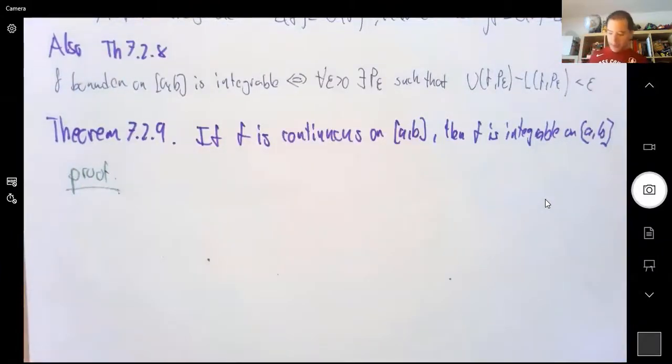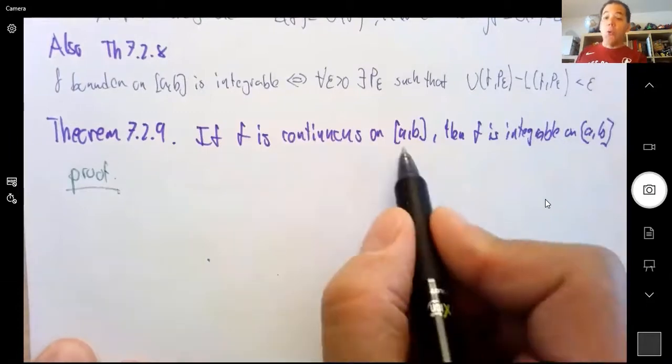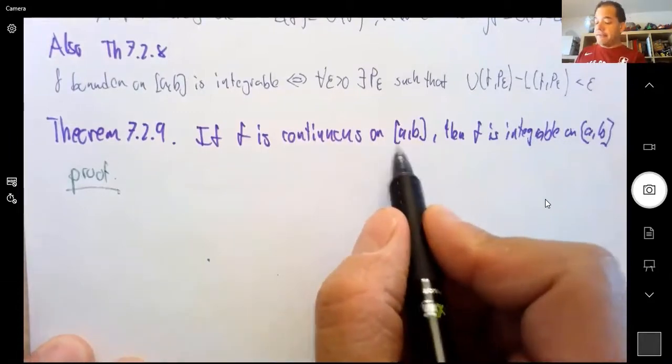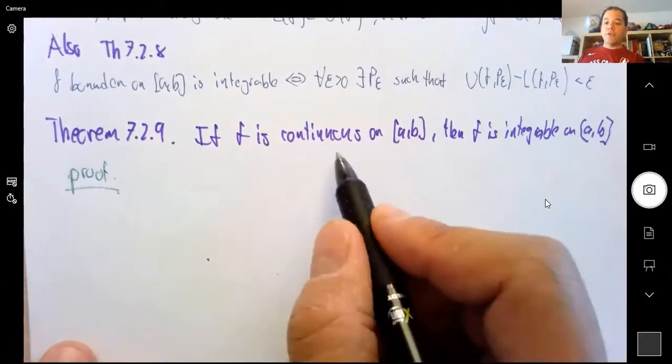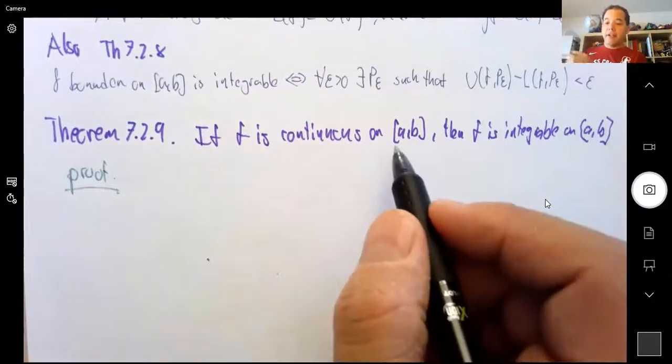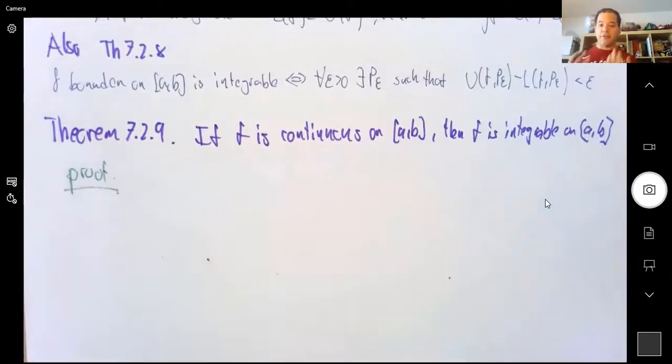Good. So what do we need? Well, we're going to use some of the things we know about continuity. In particular, this is continuous on a closed interval, right? And this is compact. So something that we know about continuous functions on compact sets is that they are in fact uniformly continuous, which is always stronger and a nicer property to have.